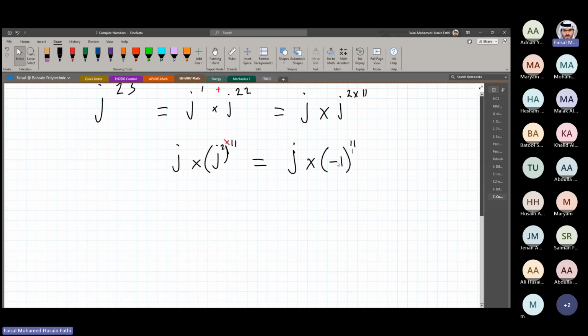Now, minus 1, in general, a negative number, if it is to the power of an odd number, let's say 1, it is going to stay negative.